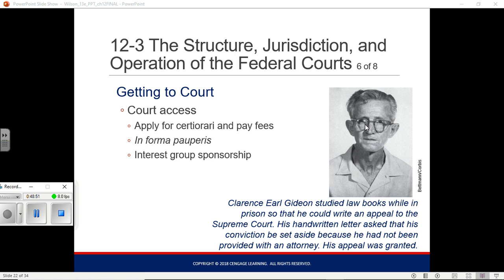But Gideon pointed out that he had never been provided a lawyer because he was poor and the state never provided him one and no one told him that he had the right to one. And he appealed his conviction, basically saying, I didn't have legal representation at my trial. He actually applied for his writ on paper provided by the prison, and he was granted his writ because he basically said, I have no money. But America does not believe that you should be denied justice because you're poor.